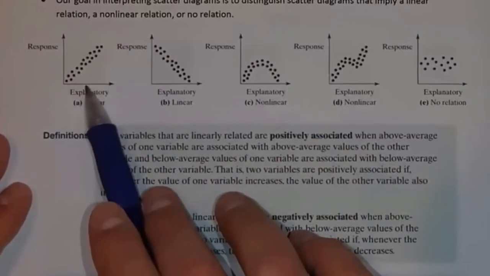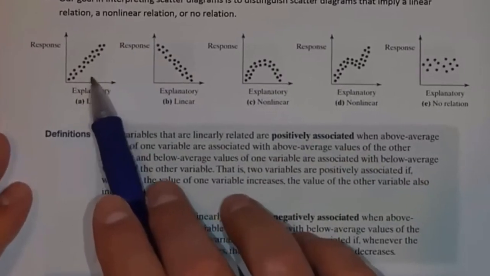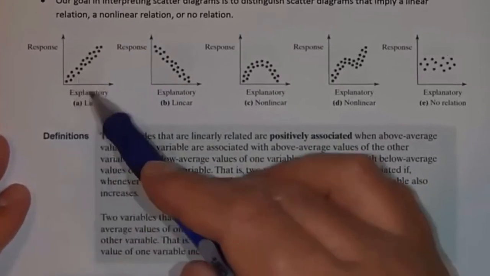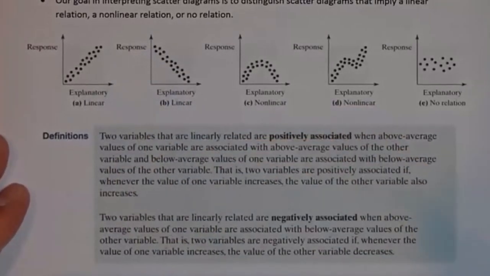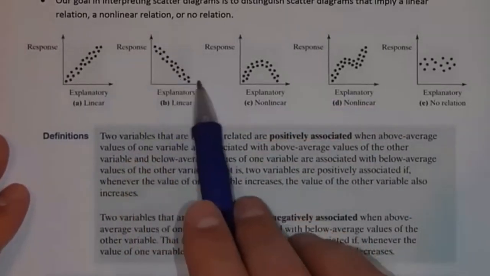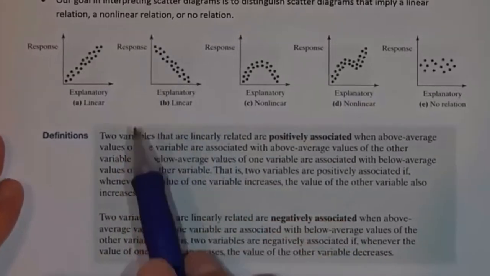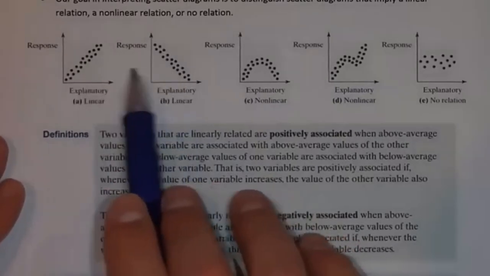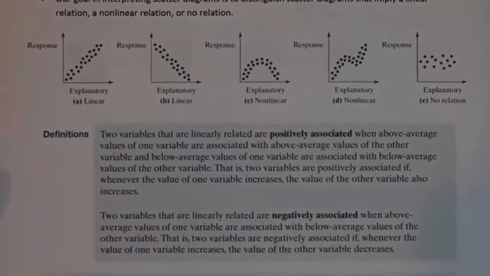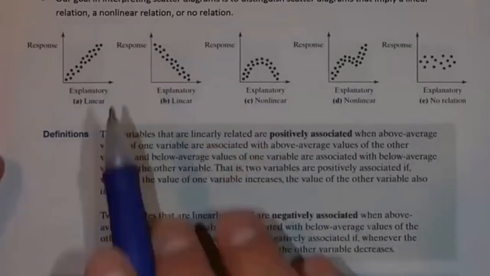So again, a positive association is sort of the same as a positive slope. If you could visualize a line going through there, that line would have a positive slope. Same way, this line would have a negative slope. So this data has a negative association. So this would be two cases where we have a linear relation, positive and negative.